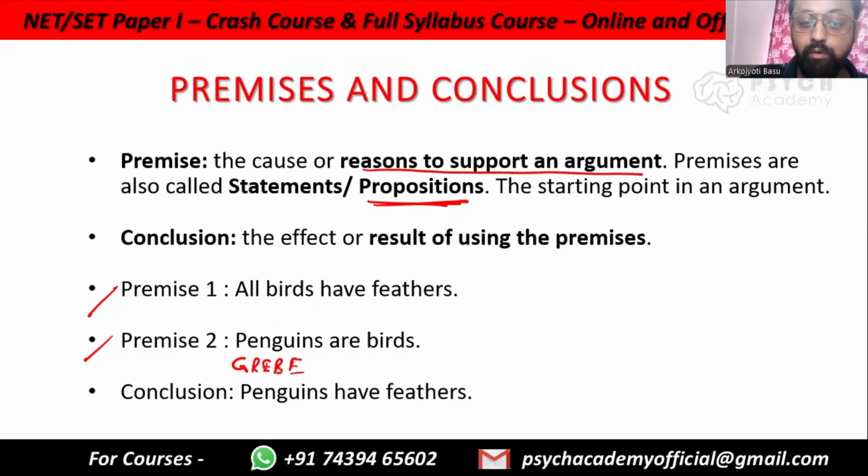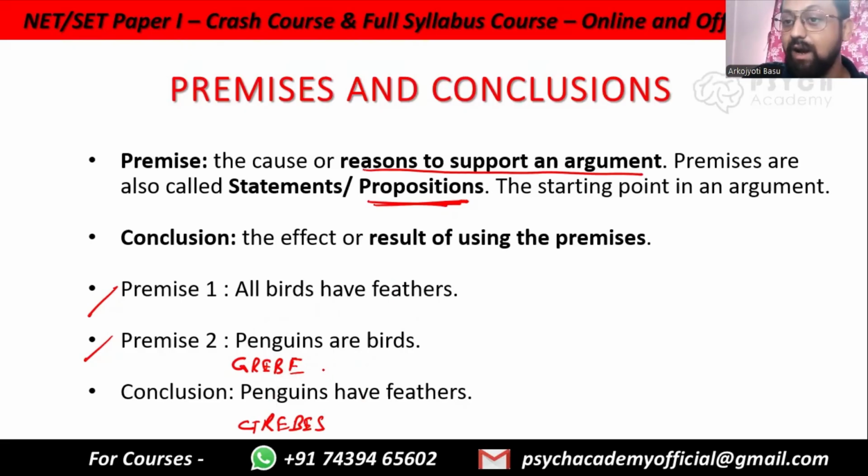Now you may not even know what a grebe means. The moment I tell you that grebes are birds, and all birds have feathers, you can make at least one conclusion that grebes have feathers.